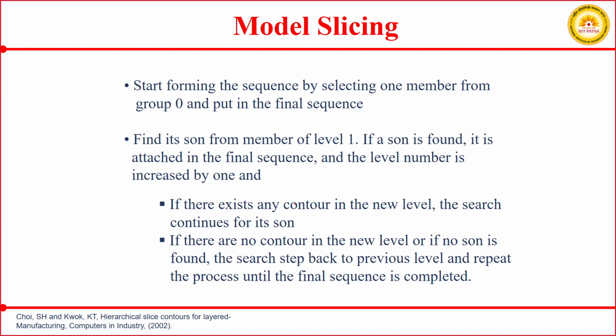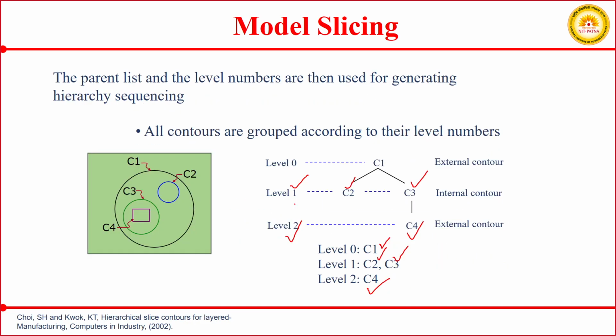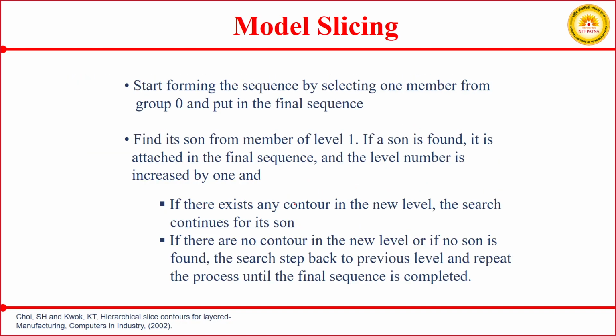So this way we need to decide the hierarchy sorting or hierarchy sequencing for the different contours. This is again in the form of an algorithm, how we need to identify the parent relationships or the hierarchy for the collection of contours.